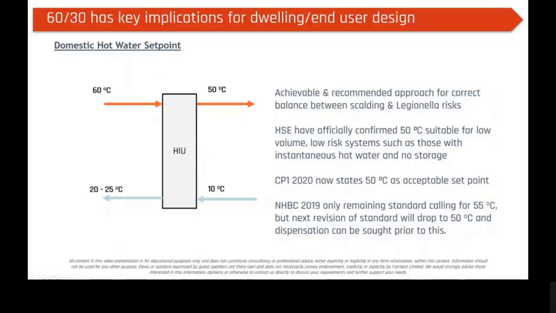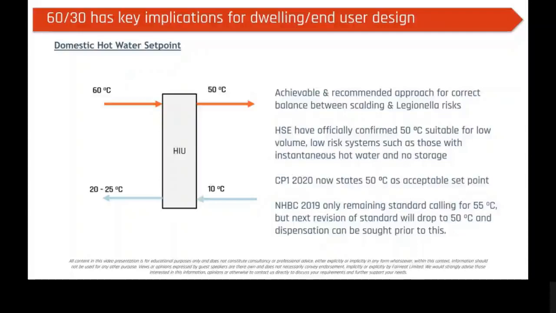Now on hot water, previously that would have been quite challenging, because on instantaneous hot water systems, which the vast majority of heat networks are, we used to have to supply 55 degrees. We've done a lot of work in this space with CIBSE, actually. We're on the CIBSE Domestic Hot Water Working Group, and the outcome of that research was that we have moved as an industry, for instantaneous low volume systems where Legionella under HSG 274 is considered low risk, to only needing to supply 50 degrees C to the outlet, or upstream of a TMV that then mixes that down.